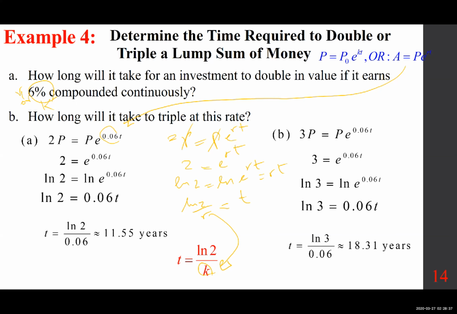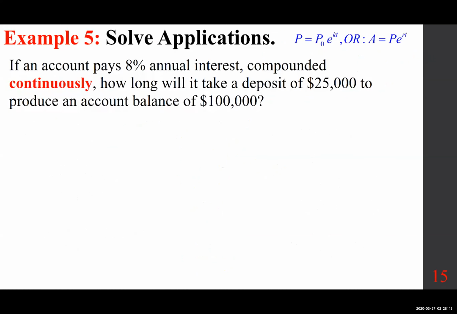Here's the next one, class. If an account pays 8% annual interest, compounded continuously, and that's really the key, paying attention to the format, how long will it take for a deposit of 25K to give us 100K?